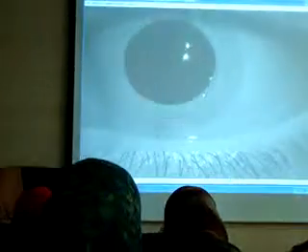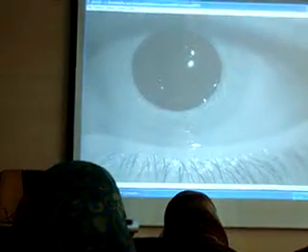The eyes always go in the opposite direction. And then you keep the eyes open. This is another sign of vestibular decompensation. You have posterior canal nystagmus.